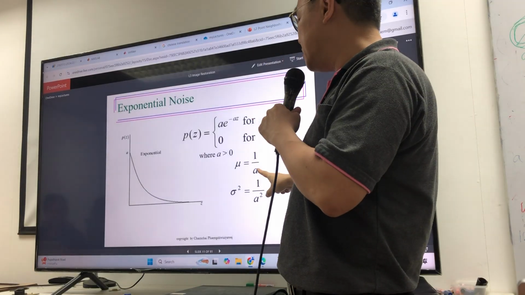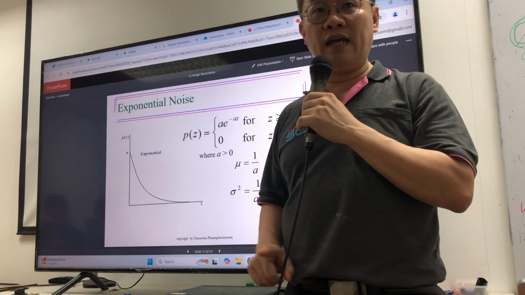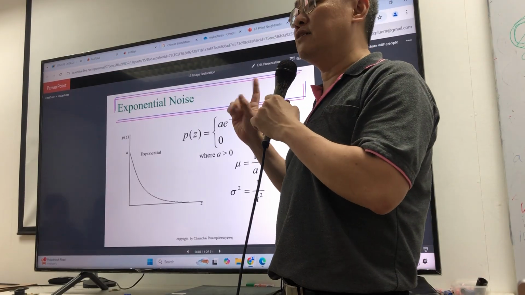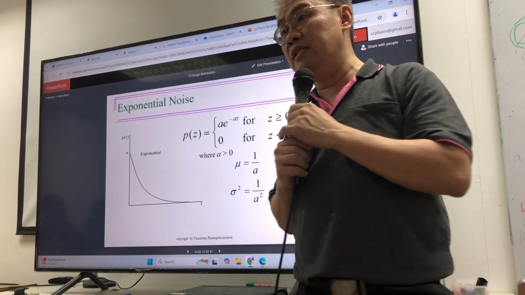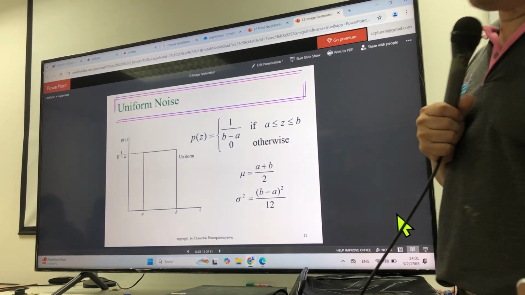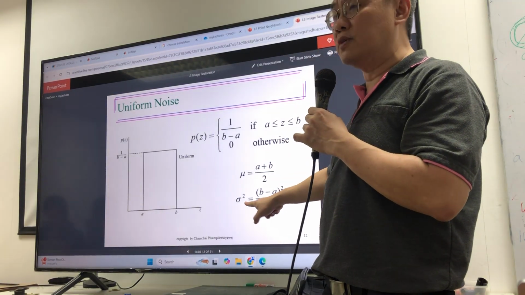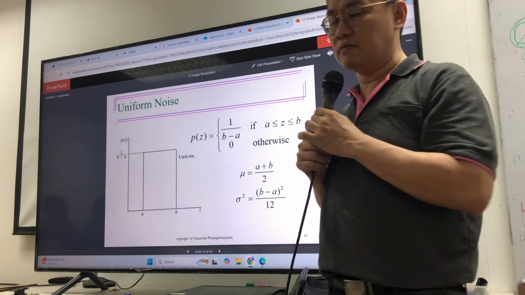It has only one parameter, A, which is 1 over mu, or mu is 1 over A. So in this case, you don't need the variance, you only need the mean to solve for the parameters. Uniform noise has two parameters, A and B as well, related to mu and sigma squared by these equations.